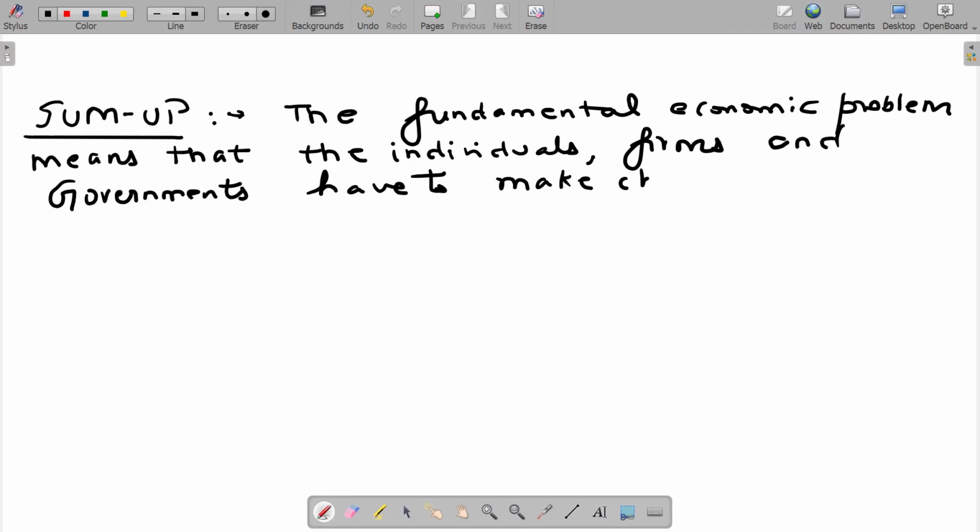They all have to make choices due to the scarcity of resources.